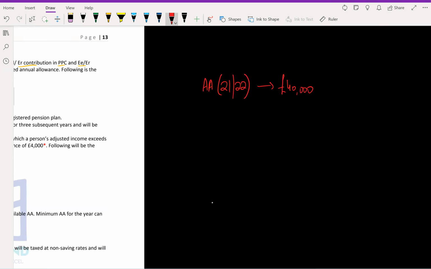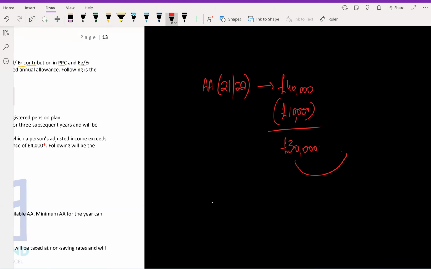If it stays unused, listen to me very carefully. If this annual allowance stays unused, for example, in 2021, 22, you made a contribution of just 10,000. So obviously the unused annual allowance would be 30,000, the balance, right?